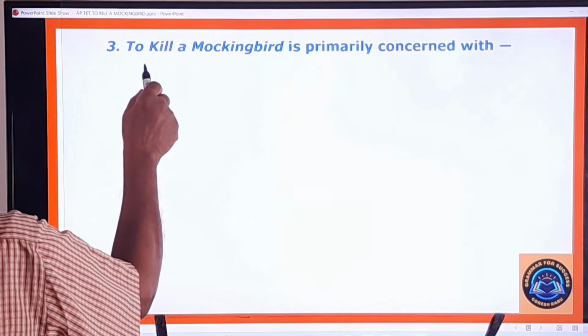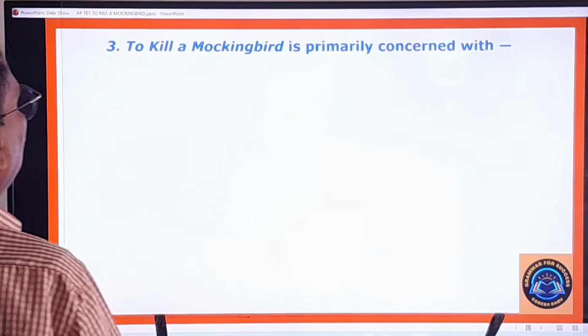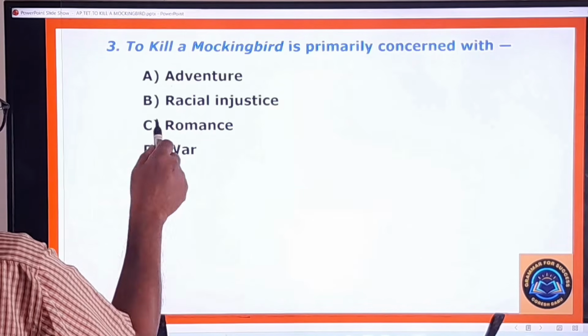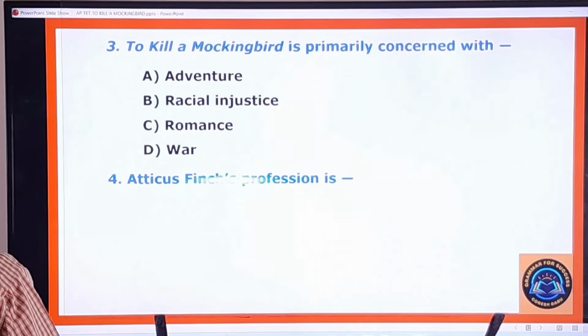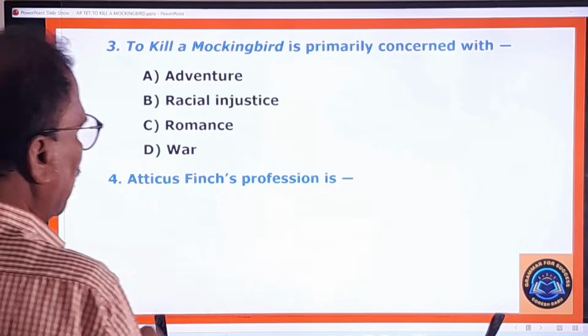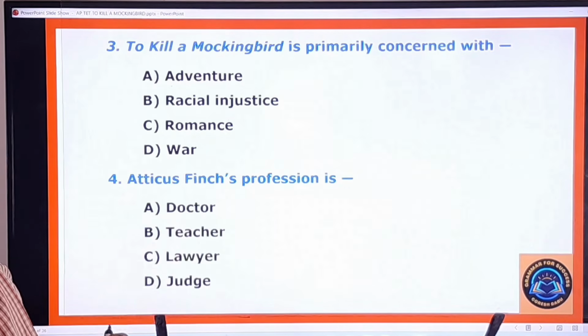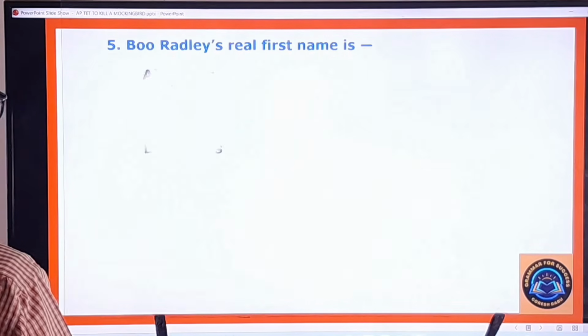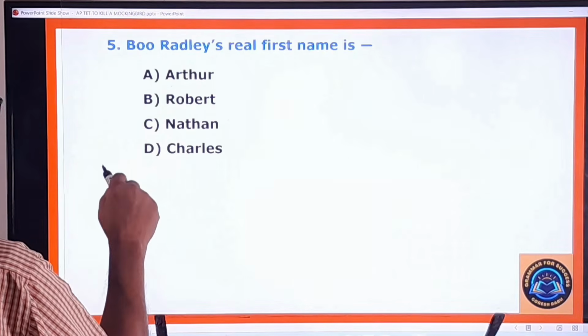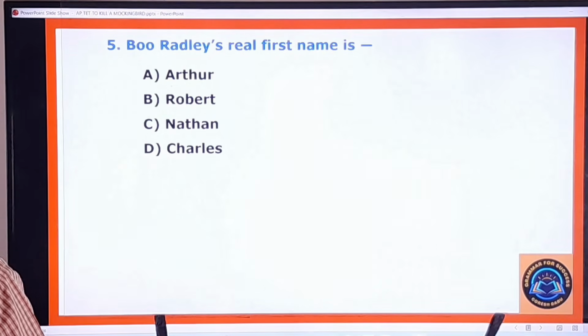Third question, To Kill a Mockingbird is primarily concerned with adventure, racial injustice, romance, war. Fourth question, Atticus Finch's profession is doctor, teacher, lawyer, judge. Fifth question, Boo Radley's real first name is Arthur, Robert, Nathan, Charles.